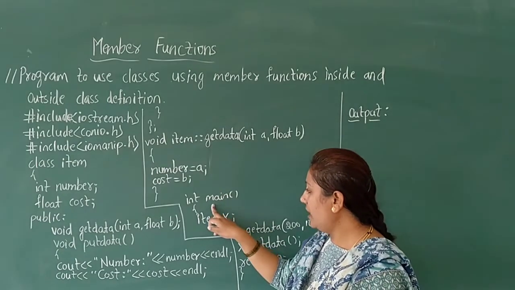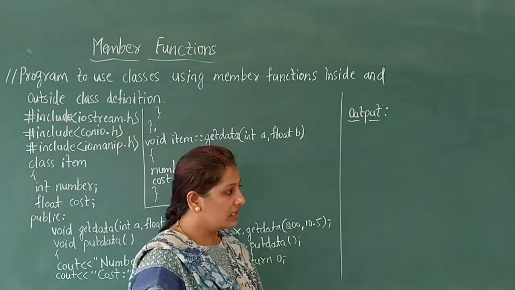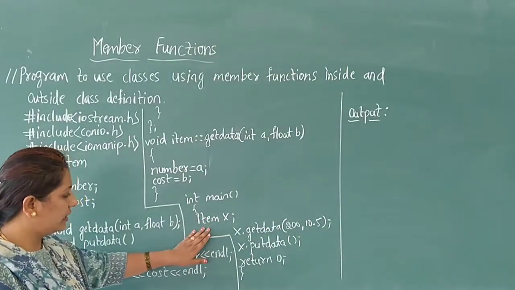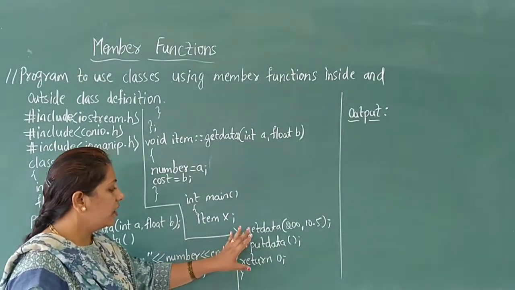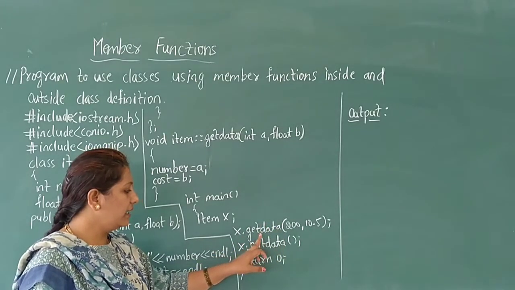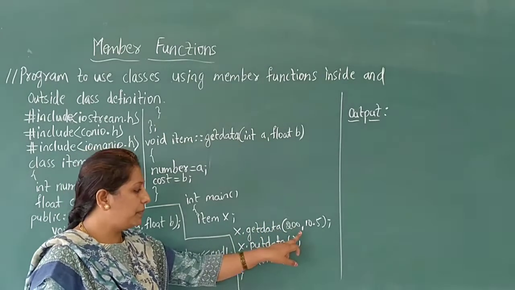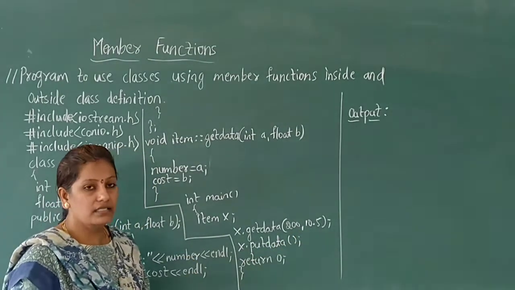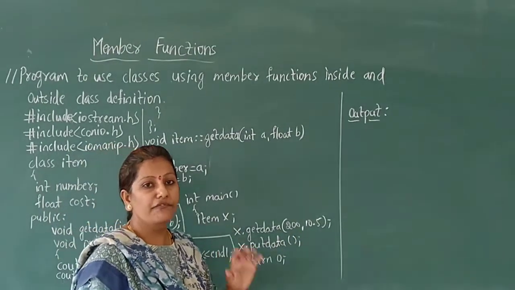Next, the main function is defined. In the main function, one object is created using the class, and using that object we call both member functions, getdata and putdata, by passing the input values, and then it returns from the main function.